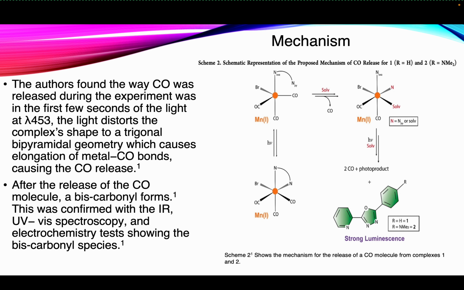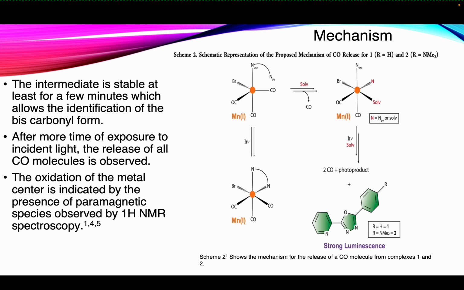The intermediate was stable for a few minutes, which allowed the authors to actually identify it. And then as more time went by, more light exposure, all the carbonyls eventually came off.